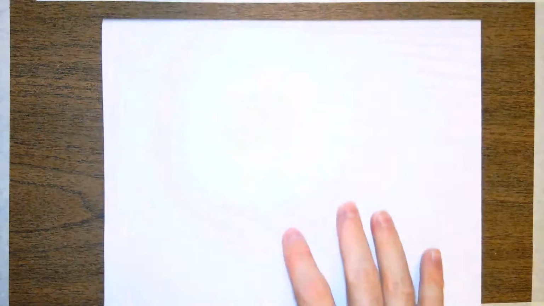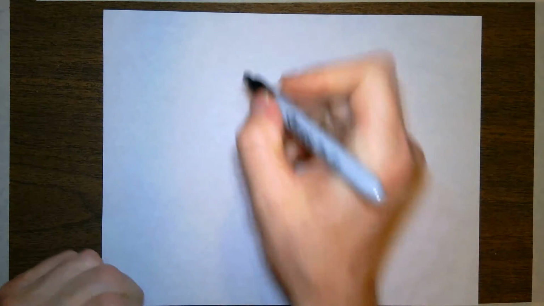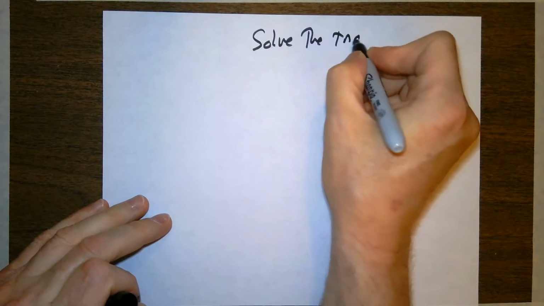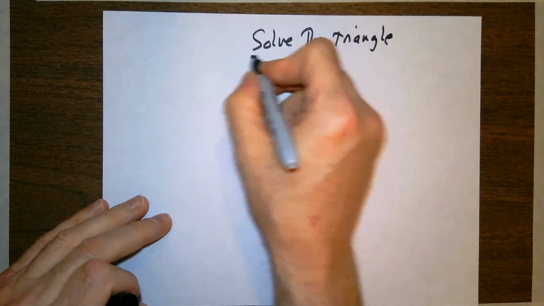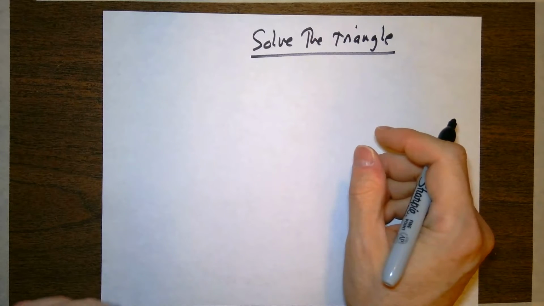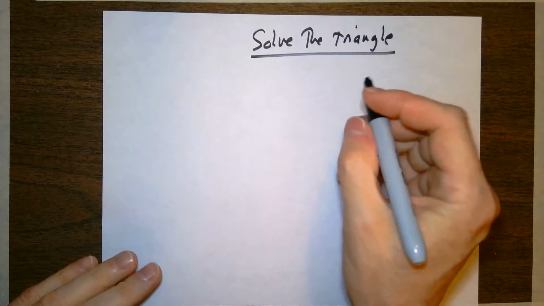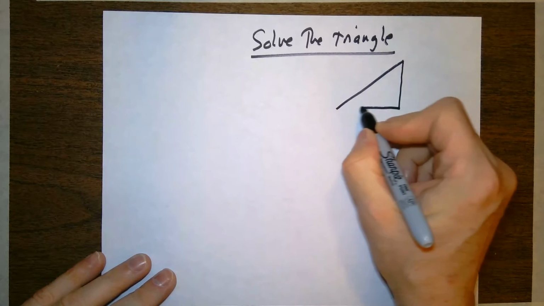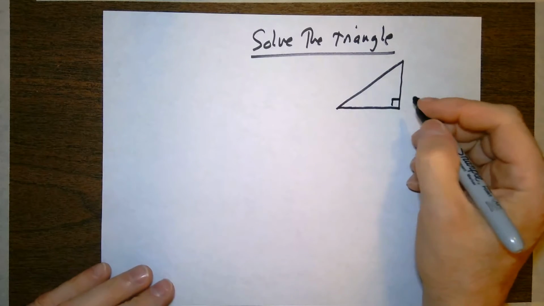In my first example, we just want to solve the triangle. When you see solve the triangle, it means you want to find all the missing sides and angles and anything that's missing. So in my first example, I'm going to use a right triangle, and I'm going to give you the following information.